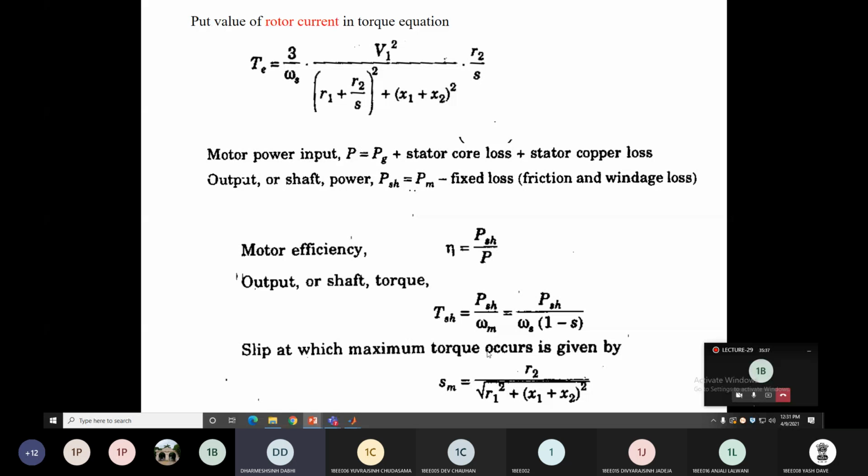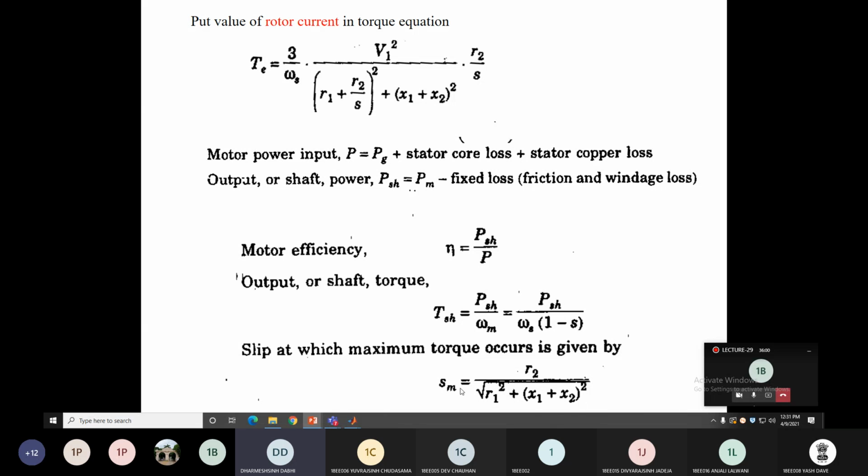Now we find the maximum torque in the induction motor. At the maximum torque, the slip is Sm equal to R2 divided by square root of R1 square plus X1 plus X2 whole square.